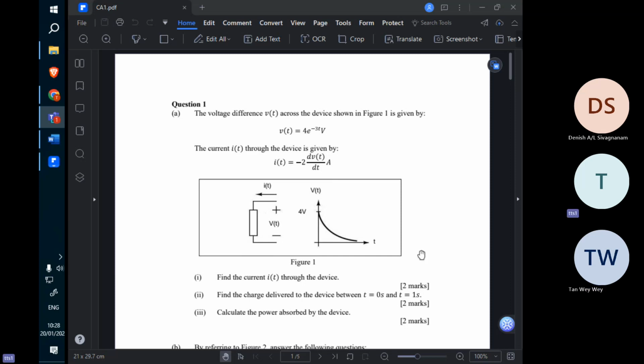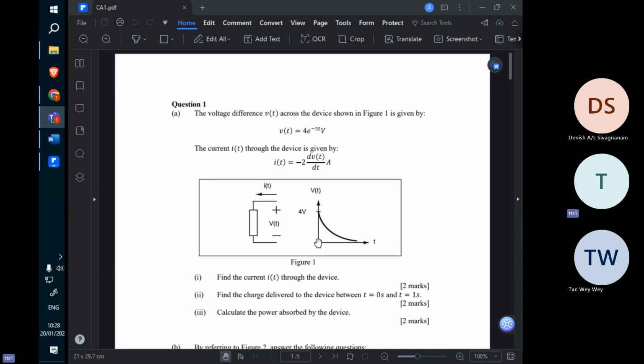So as the time progresses, this exponential term e to the minus 3t gets smaller and smaller. Initially it is 1.